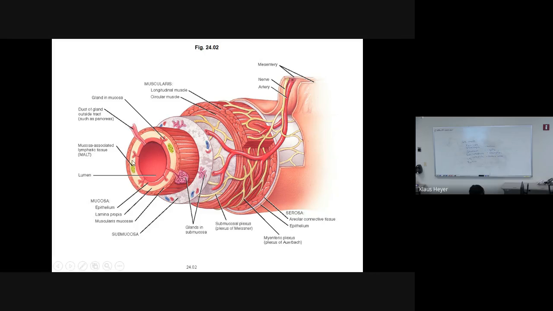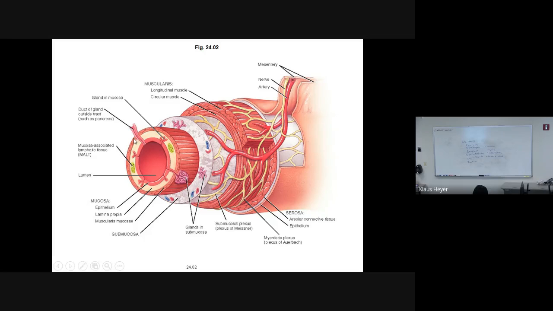Kind of like these things here. So they form pits. And then when you go to your intestine, there's actually little fingers sticking out. And that's what this muscle layer does. It helps to make the different features of this epithelium of the mucosa. So anyway, epithelium, lamina propria, muscularis mucosa.